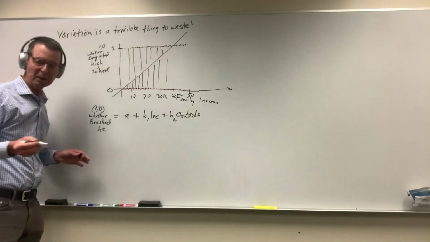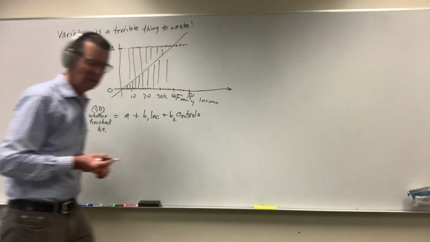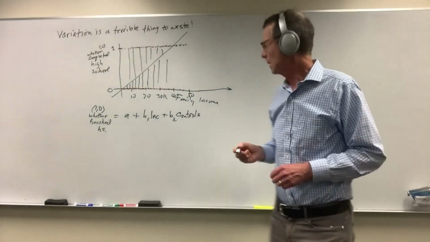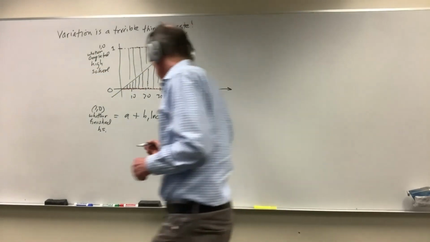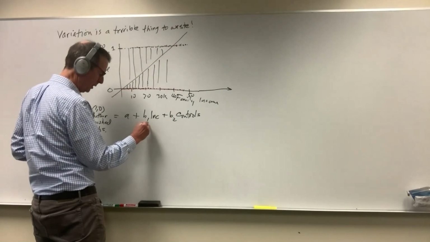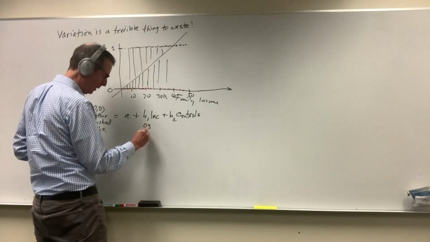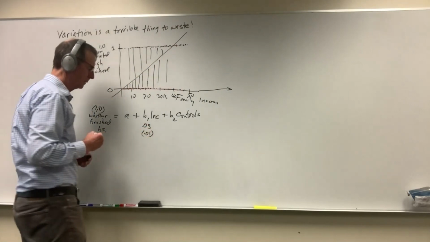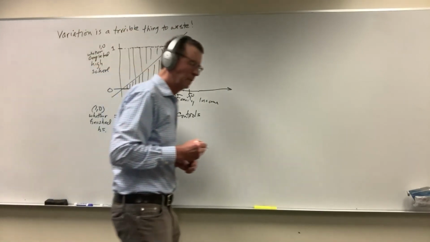Right, looks like a perfectly normal regression. The B1 that you get is around 0.03 and a standard error of about 0.01, as it turns out.